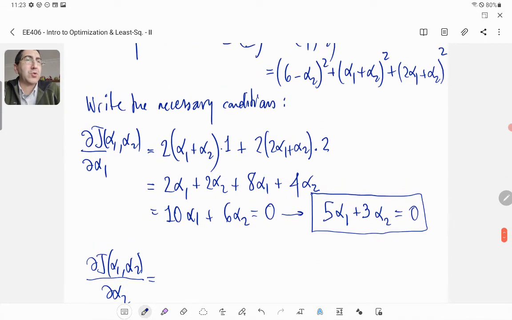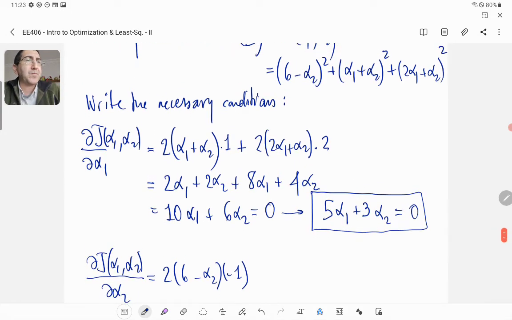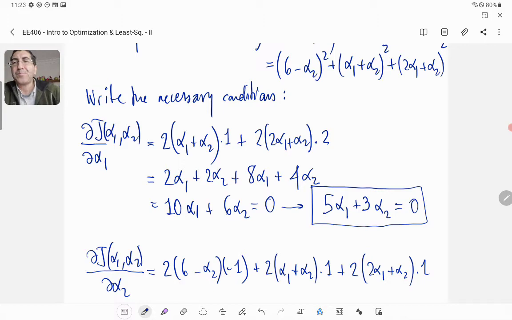Now the first term also has alpha 2 in it: 2 times (6 minus alpha 2), and the derivative of the inside is minus 1, plus 2 times (alpha 1 plus alpha 2), where the derivative of the inside is 1, plus 2 times 2 (alpha 1 plus alpha 2), again with the derivative of the inside with respect to alpha 2 equal to 1.